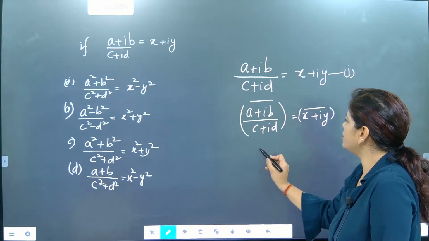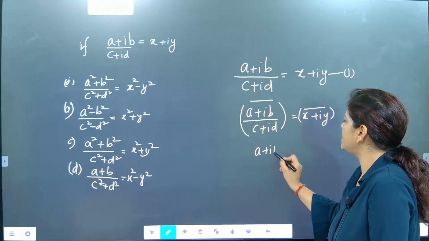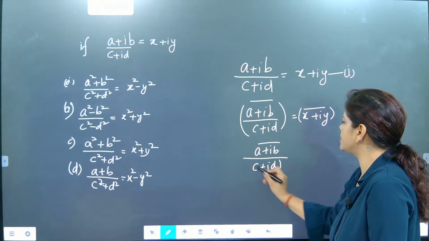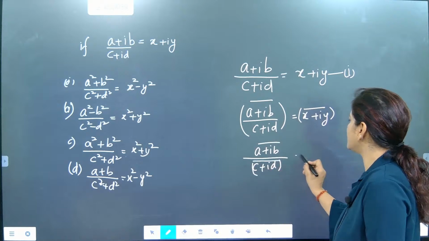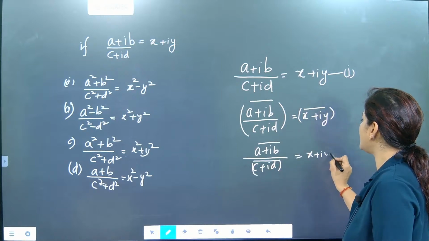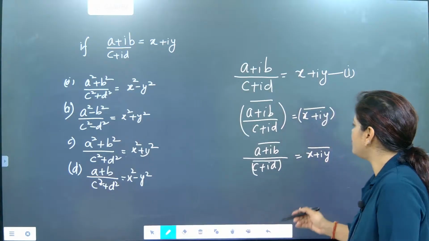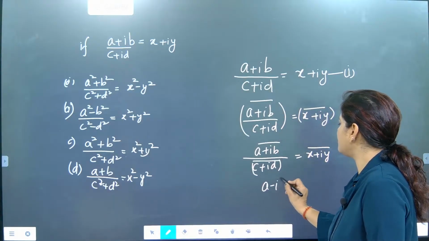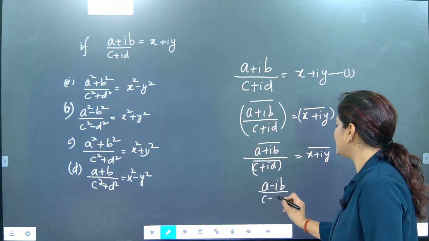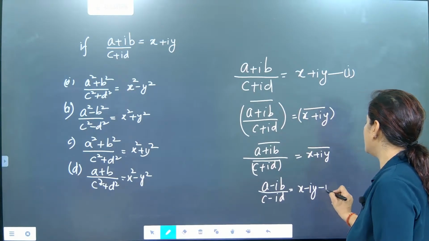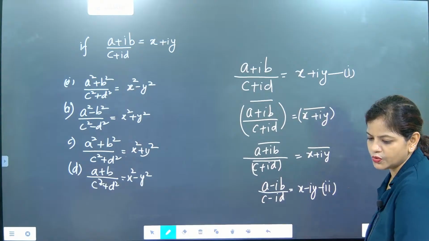So we will write a plus ib conjugate by c plus id conjugate equal to x plus iy conjugate. Now you have to change exactly. I hope everybody is listening to me. So it will become a minus ib by c minus id is equal to x minus iy. This will become your equation 2.